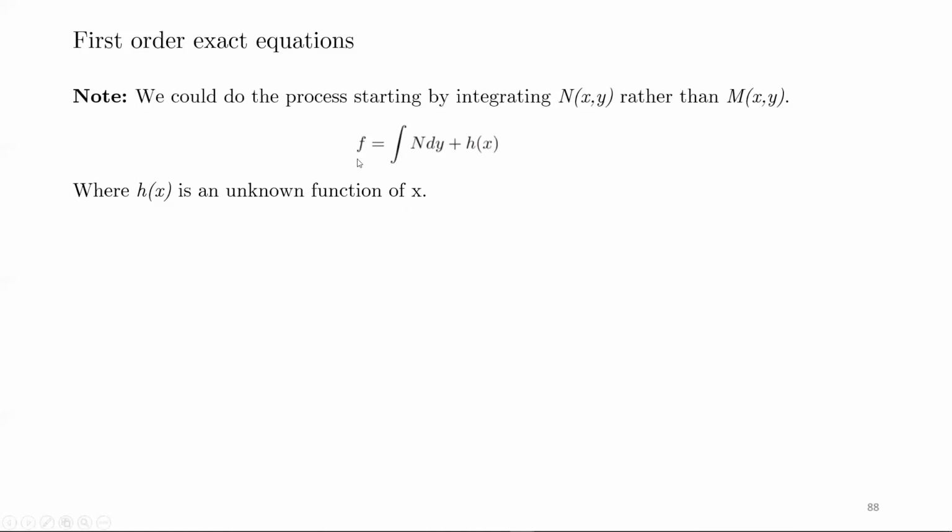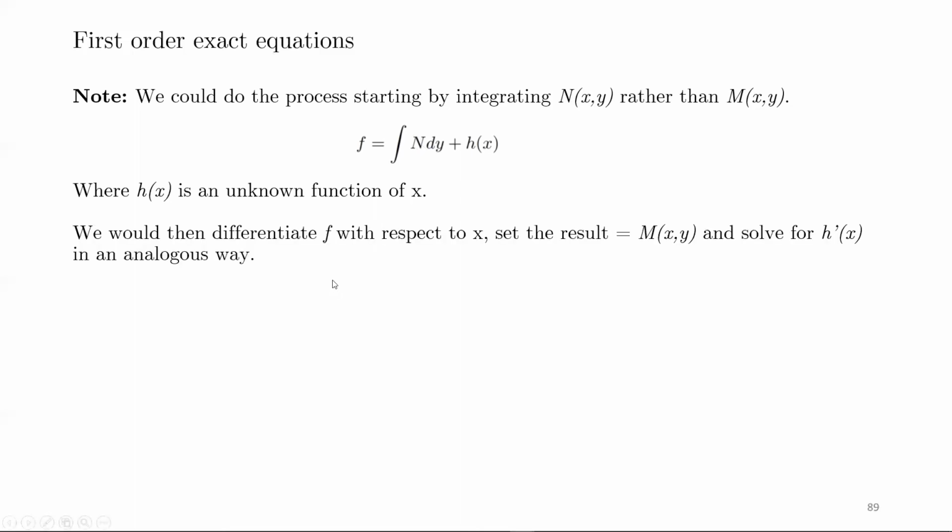In that case, we would have got f is equal to the integral of N with respect to y plus some unknown function of x. You may like to try to prove that you can get the same solution either way. But the point is, it will work either way.